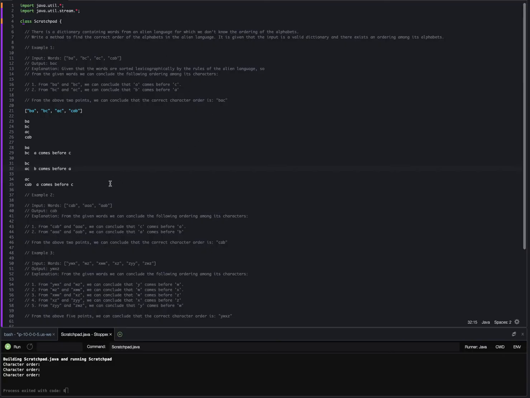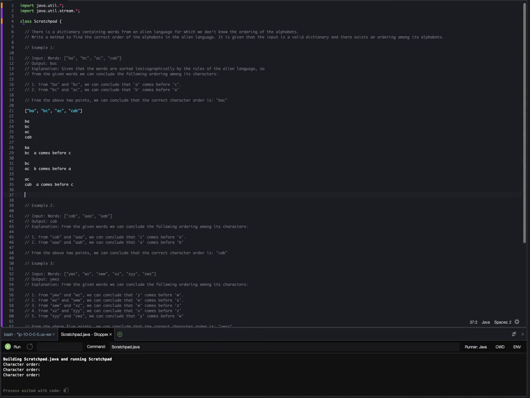So we're looking at the words, we're trying to reverse engineer figuring out the ABCD and in what order the ABCD comes in the alien language. Okay, so we know A comes before C, B comes before A. You can ignore the last one because it's saying the same thing as the first one.